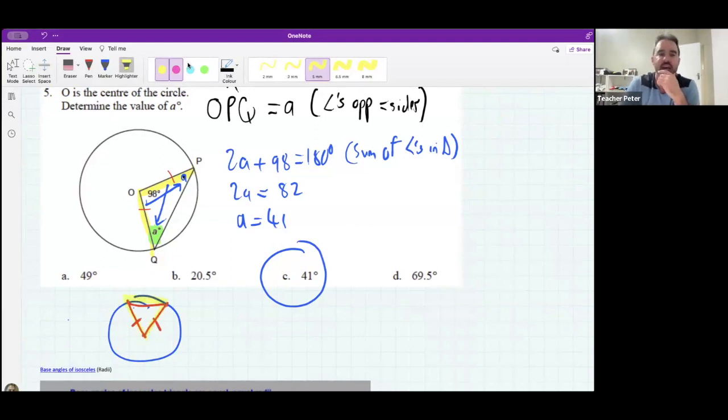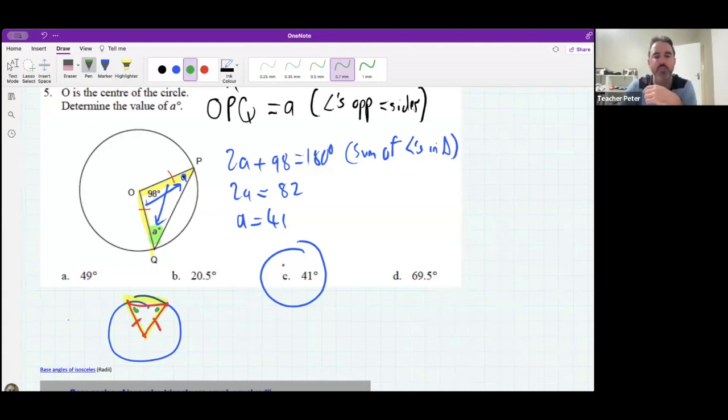Those two equal sides are going to form two base angles that are equal. And so this is going to come up quite a lot, so that's something that's important to know.